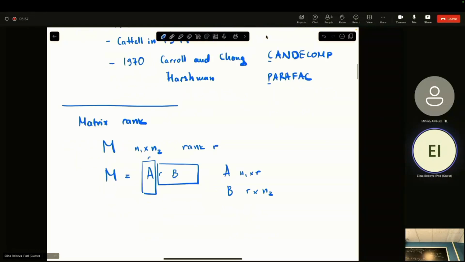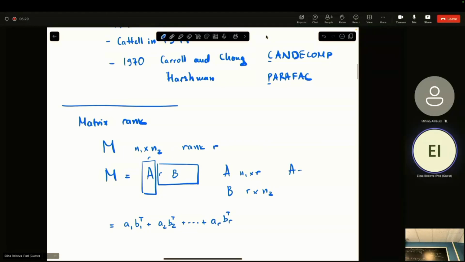Actually, another way to represent this is by saying that M is A1 B1 transpose plus A2 B2 transpose plus blah, blah, blah, plus AR BR transpose. What are these A's and B's?